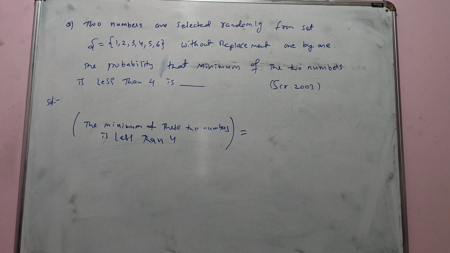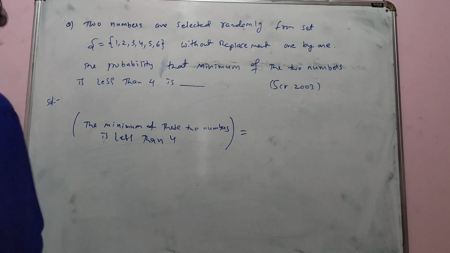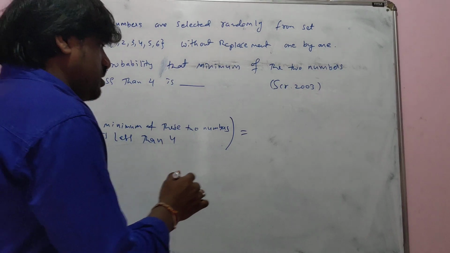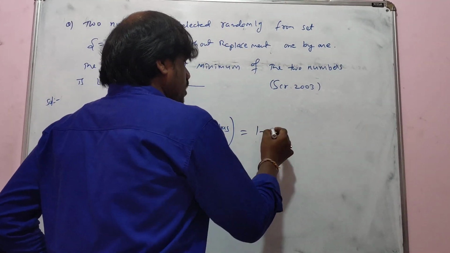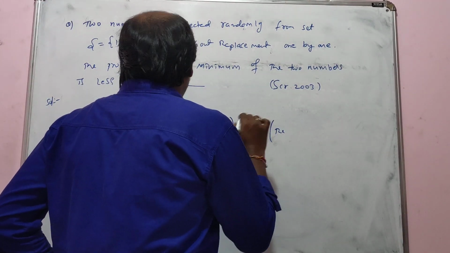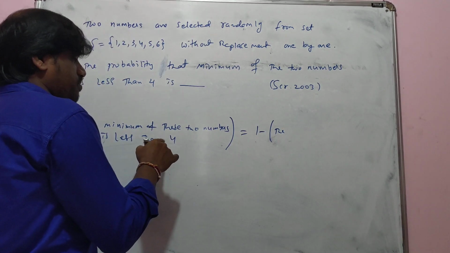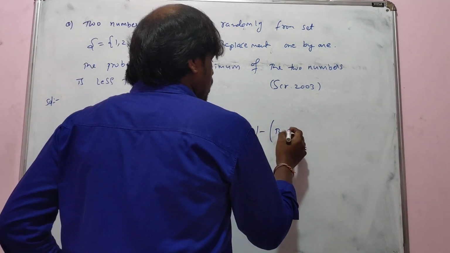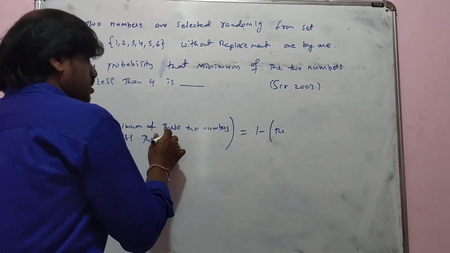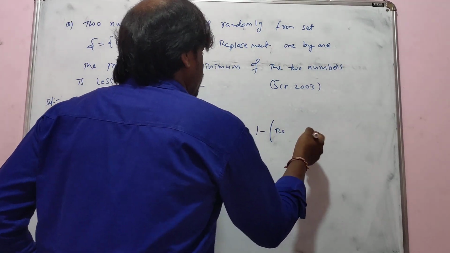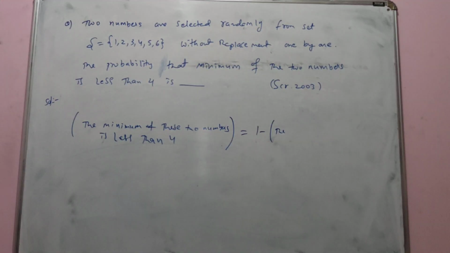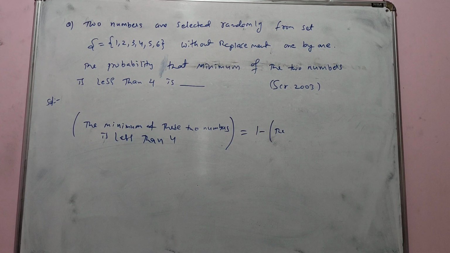According to this, the probability that the minimum of these two numbers is less than 4 is equal to 1 minus the probability that both numbers are greater than or equal to 4. In place of the minimum, I can write the maximum, otherwise I can write both are greater than or equal to 4. Two numbers, na?